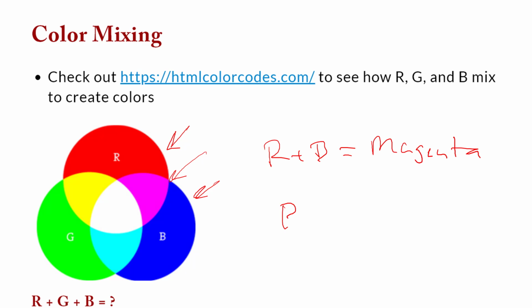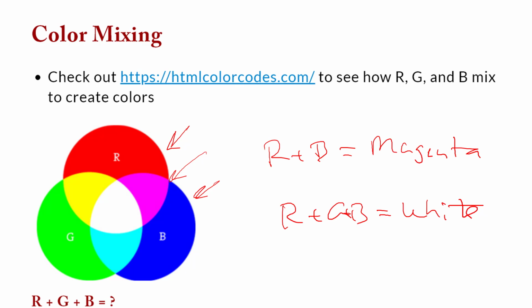And if we do red plus green plus blue, we get white. We can use these colors to change the ultimate color we're looking for, in any word processing program or Photoshop, anything with a color picker. This is how we blend colors.